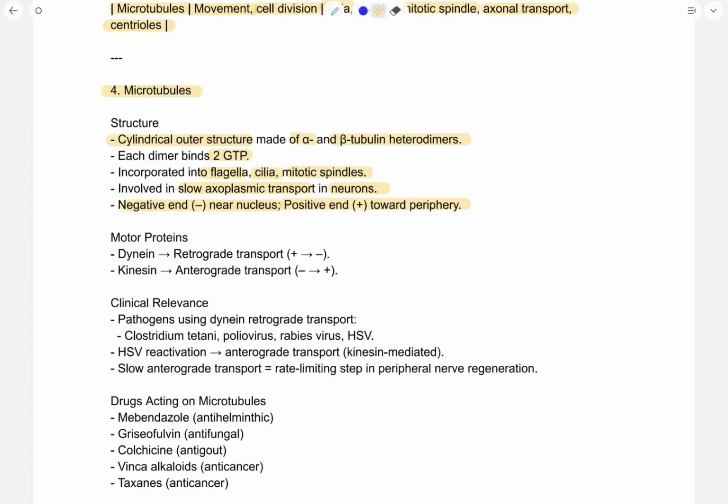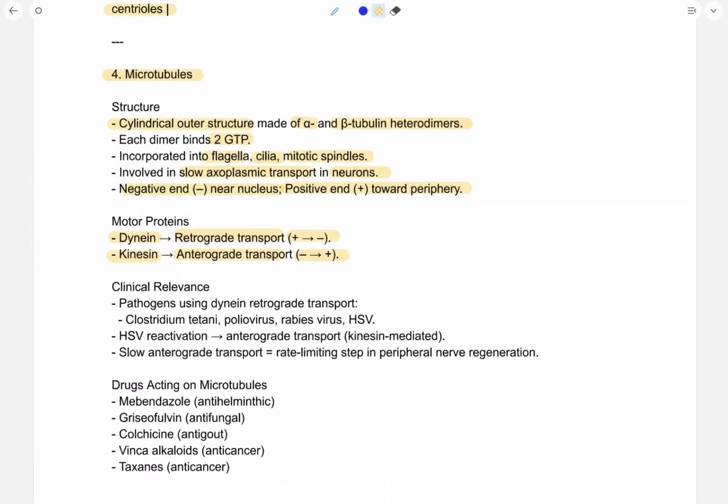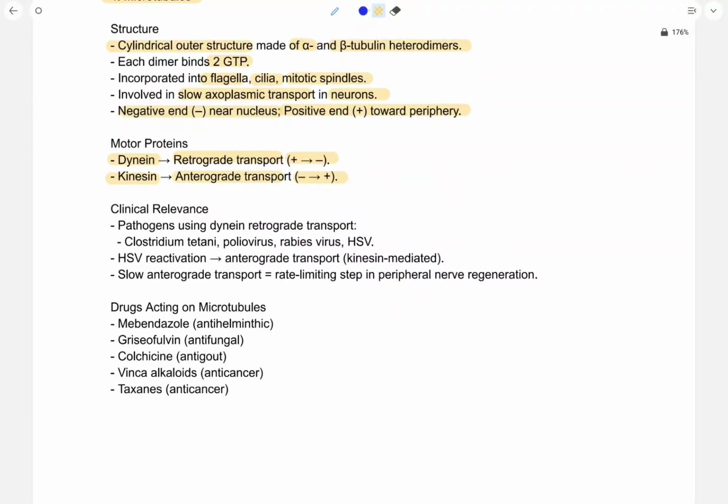The motor proteins are dynein and kinesin. Dynein is retrograde transport, positive to negative, and kinesin is anterograde transport, negative to positive. Clinical relevance: pathogenesis using dynein retrograde transport includes Clostridium tetani, poliovirus, rabies virus, and HSV.